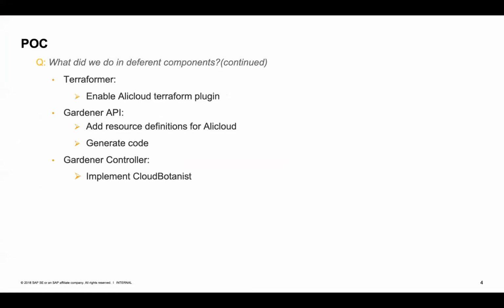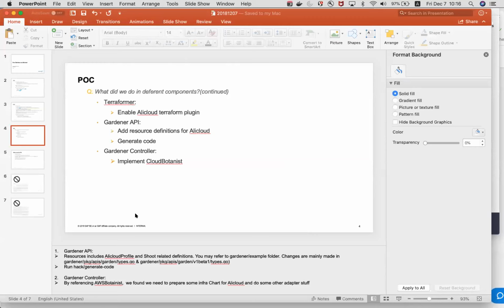And lastly, we need our major part, the Gardener controller. We just need to implement the Cloud Botanist. For Alicloud, we have a re-implementation named Alicloud Botanist. You may reference the AWS Botanist, and we can find what we need to prepare: the infra chart and some other adapter stuff for Alicloud.